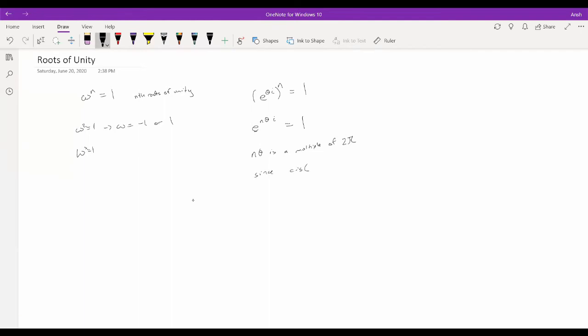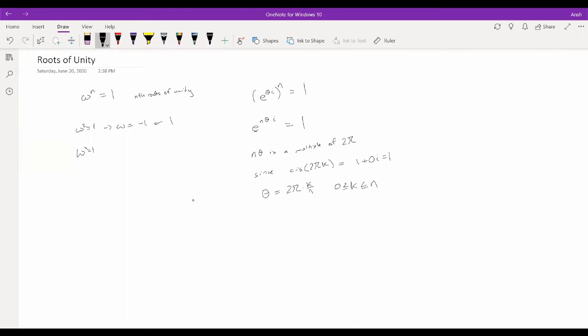The imaginary sine component will be 0, while cosine will be positive, and therefore we want theta to be in the form of 2 pi times k over n, where k is some integer between 0 and n. If theta is equal to this, when we multiply by n, this is always a multiple of 2 pi, but it does not repeat itself over and over again.